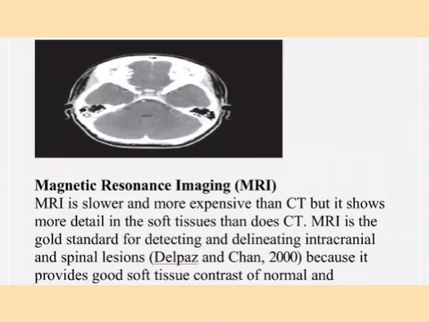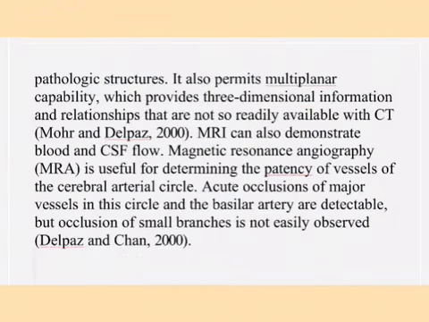MRI is the gold standard when you want to diagnose intracranial and spinal lesions. When you consider the soft tissues, it gives good contrast. You see a very good contrast of normal and pathological structures. You can appreciate all that with MRI.